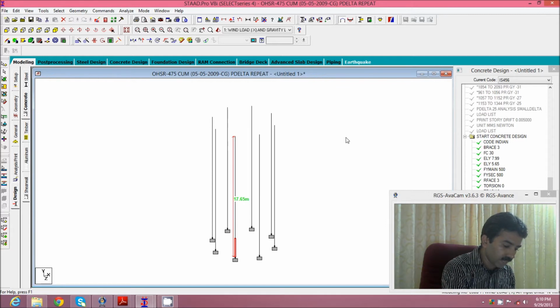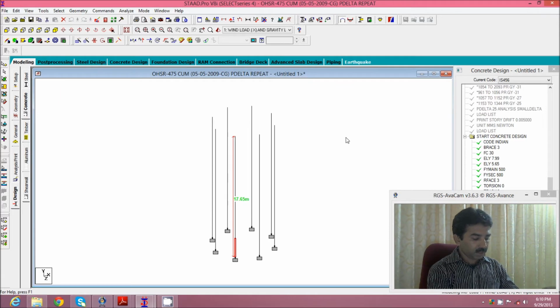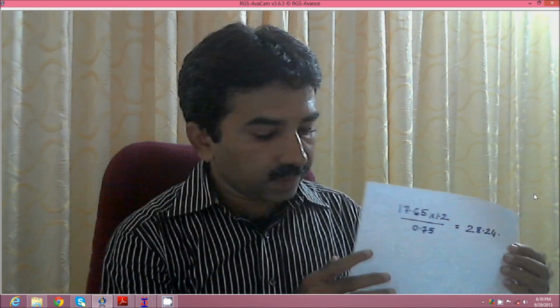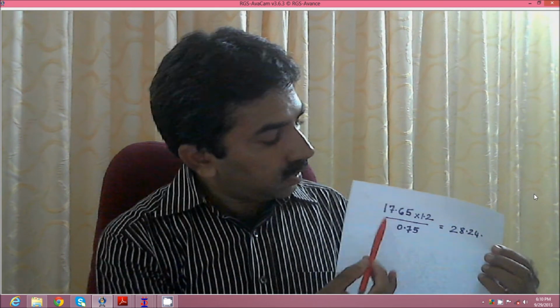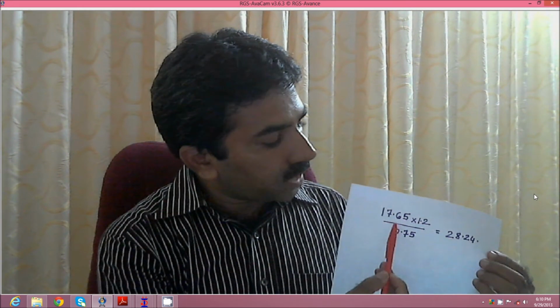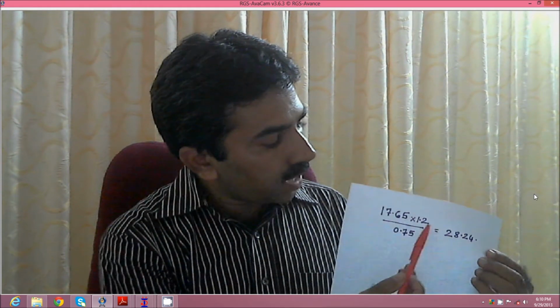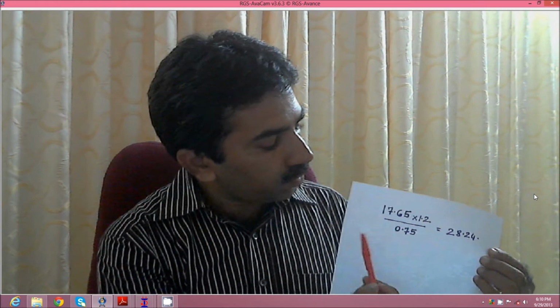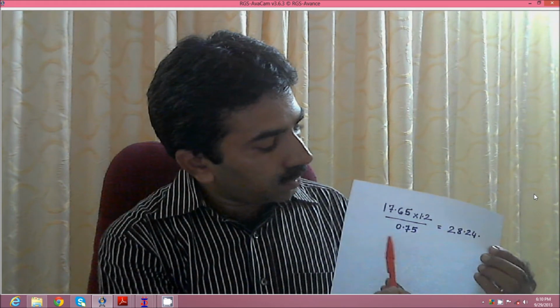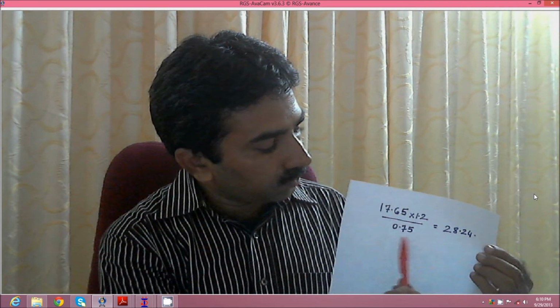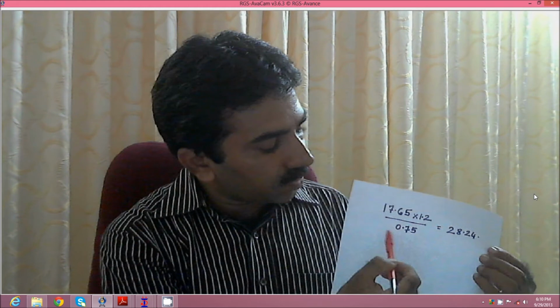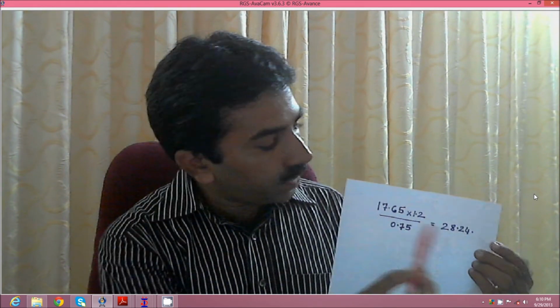The value is 28.24, which we get, and just show it here. Yeah, something like this. This 17.65 is the height of the column, and K factor is 1.2, and the length of the column in that particular direction is 750 mm.